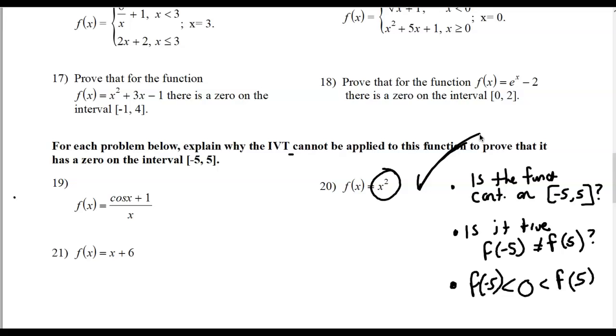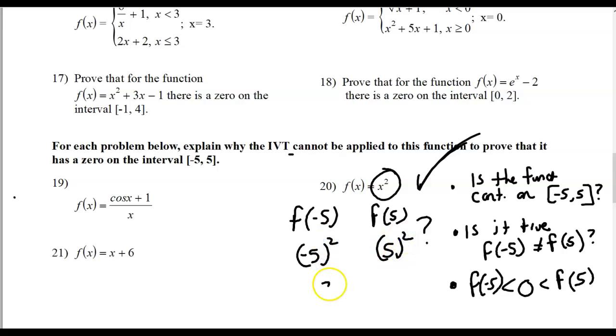Is it true that f of -5 is not equal to f of 5? Well, let's see. F of -5 means we take -5 and square it, and f of 5, you take 5 and square it. That's 25, and that's 25. Uh-oh.